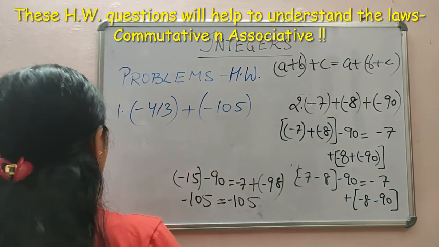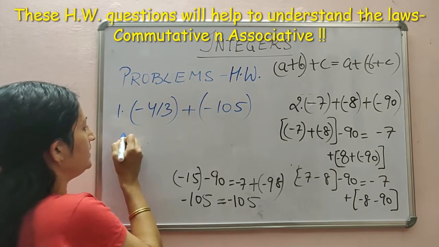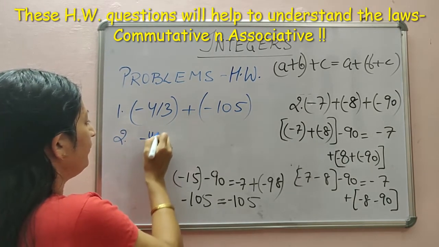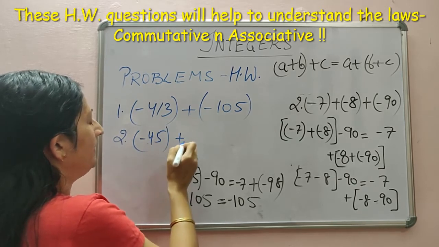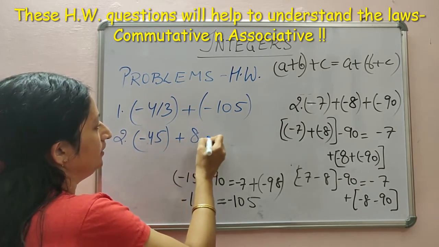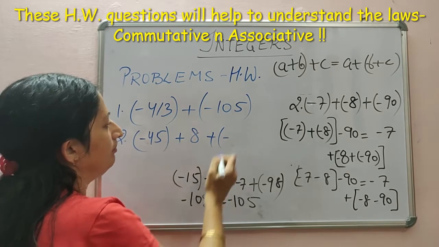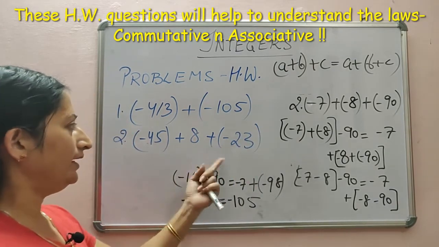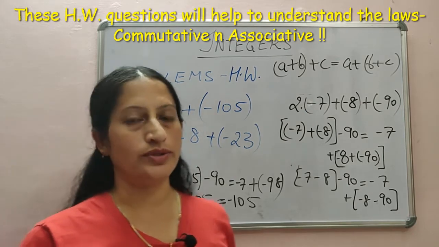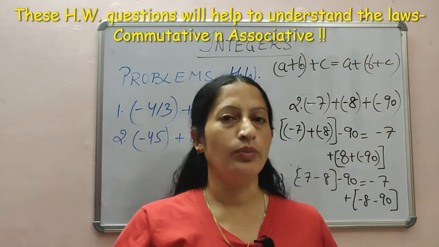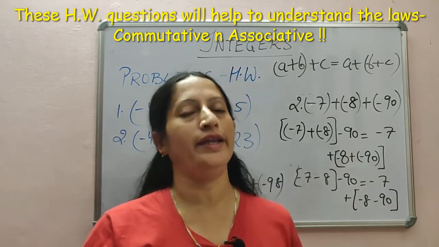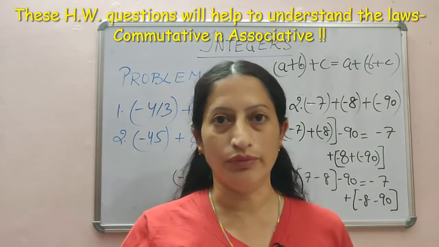And second question, what you can do in your homework is, you can do minus 45 plus 8 plus minus 23, and in this you can prove the associative law. So I hope today's every concept is clear to you and you will be easily able to do your homework.